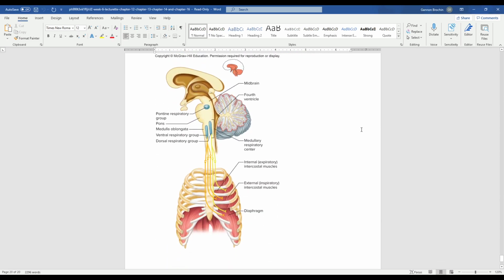Now, respiratory control, again, is primarily regulated by the nervous system. So the brainstem, in fact, controls a lot of this. We see the medullary respiration centers. They kind of do accessory work with each other.